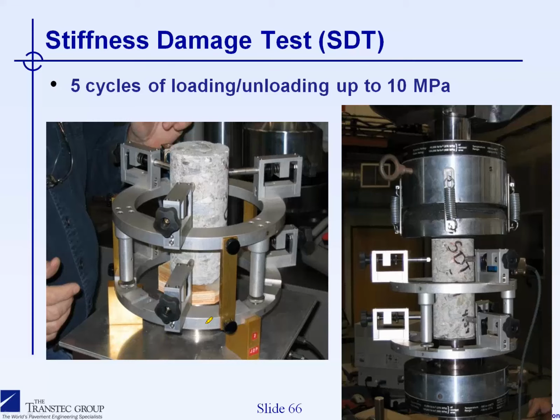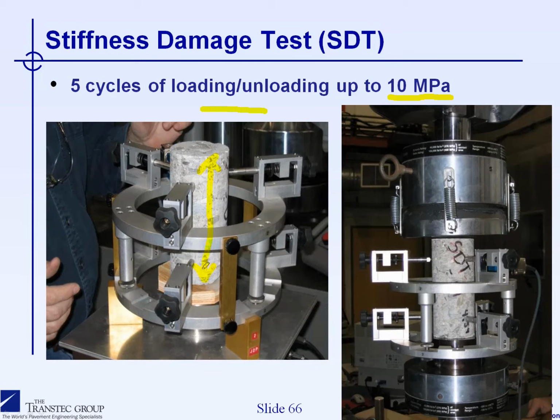So knowing that, in the early 1990s, a group of engineers proposed a tool which is called the stiffness damage test, SDT, that consists in imposing a number of cycles of loading and unloading up to a certain stress or a certain load to concrete cores that were taken out of the concrete structures.